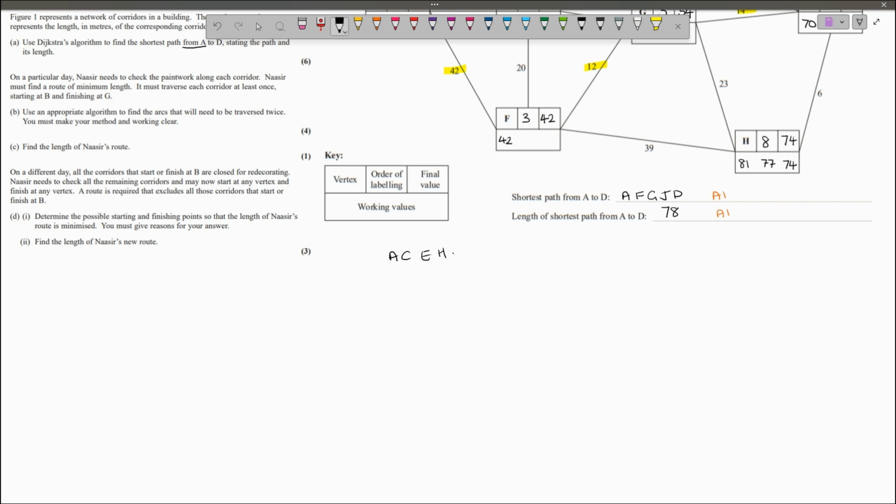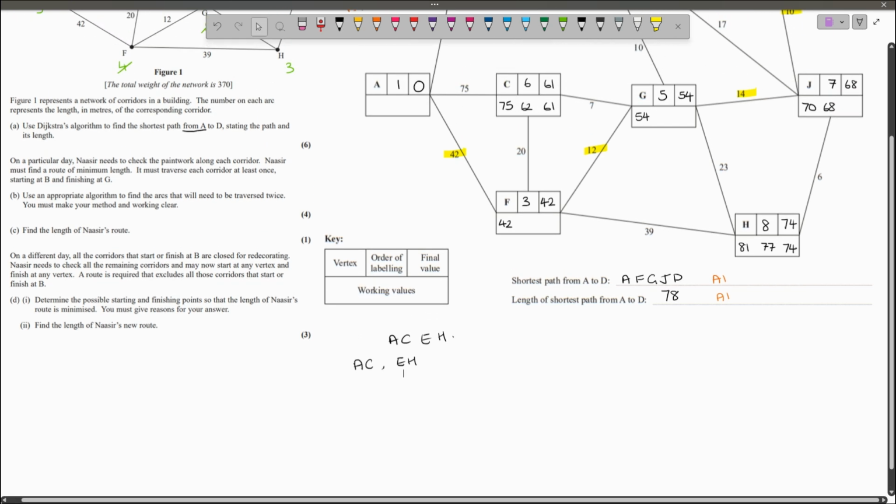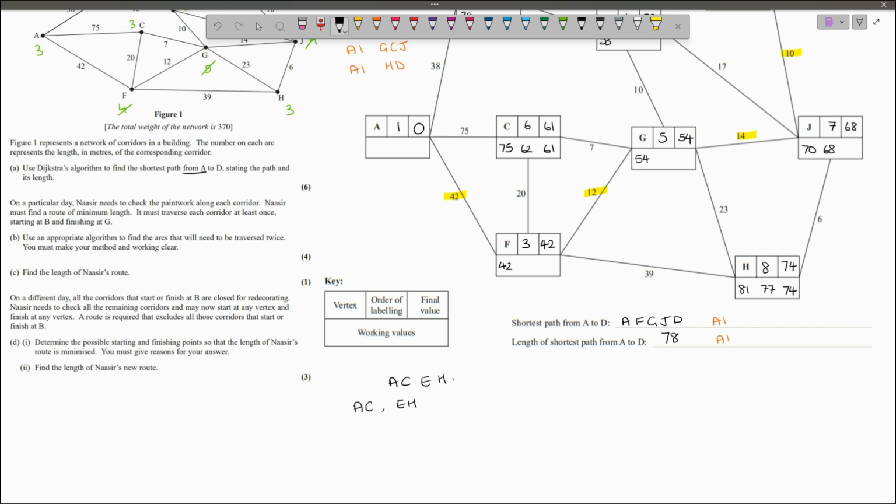And all the combinations, all the pairings of A, C, E, and H, and all the minimum lengths between those pairings. So the first pairing we're going to get is AC and EH. And the shortest path from A to C we can actually find using Dijkstra's algorithm. So A to C has minimum length 61.